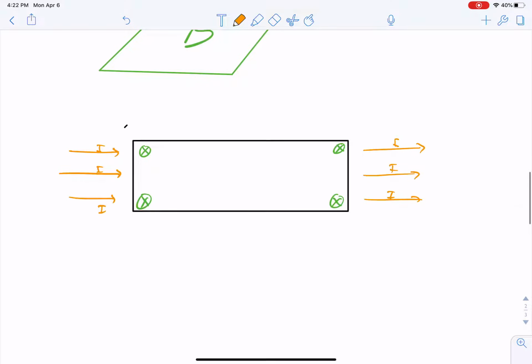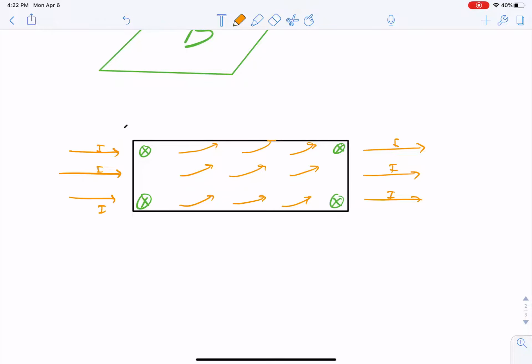All right, so if we think about this again, these are going to be pushed upward. This is the charged particles inside of it. The current's flowing all through the wire, so every place is getting pushed up.